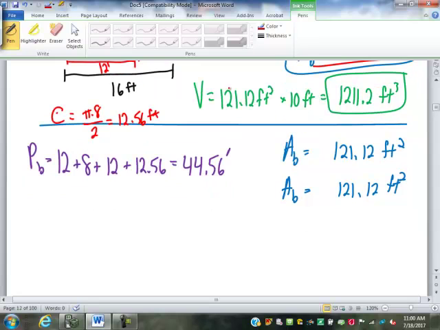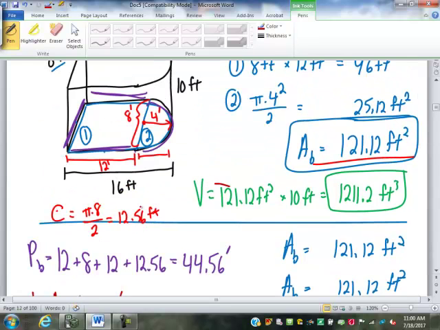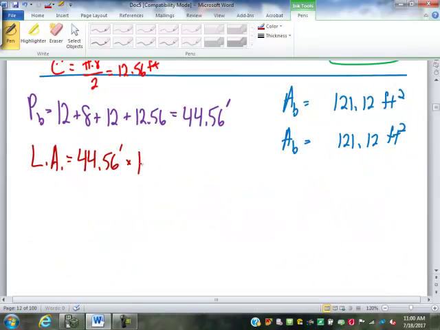So the lateral area is that perimeter of the base, 44.56, times, I'm guessing my height was 10, and yes it is. Times 10 is 445.6 square feet.